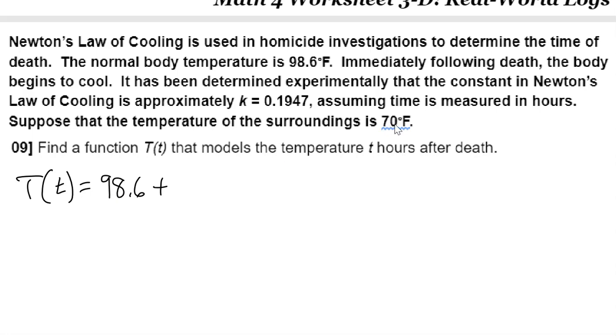And the surrounding temperature is 70, so the difference would be 28.6. And then we know that K is 0.1947. And t would represent the hours after death. So now we've got a formula that if we have a temperature now, we can solve for how many hours the body has been dead.